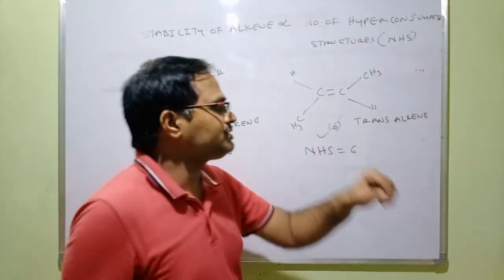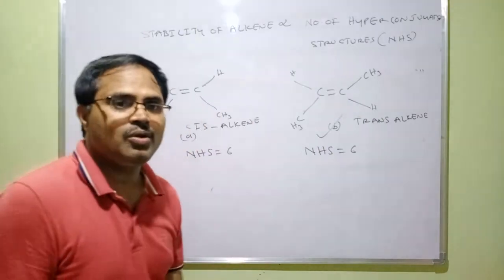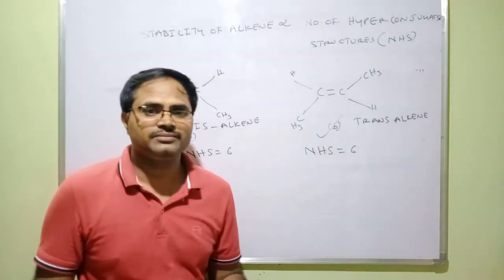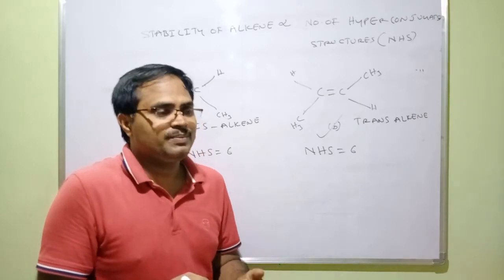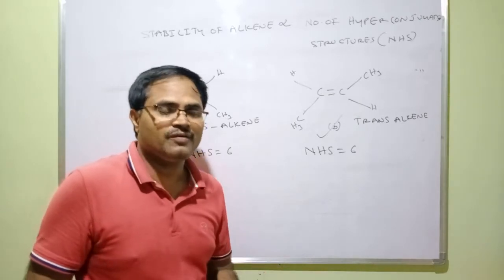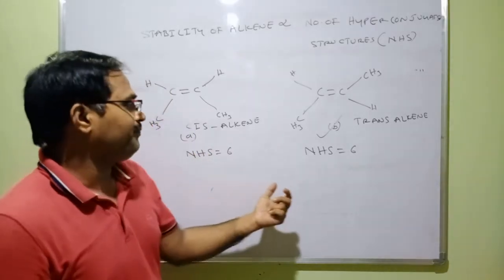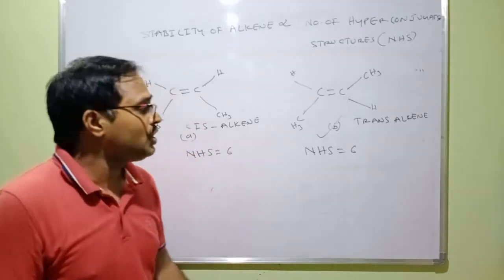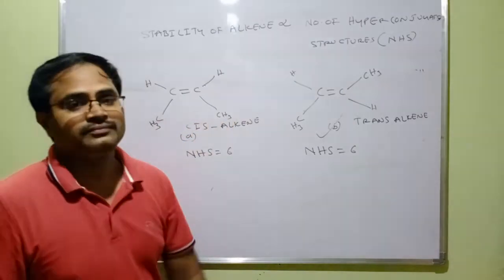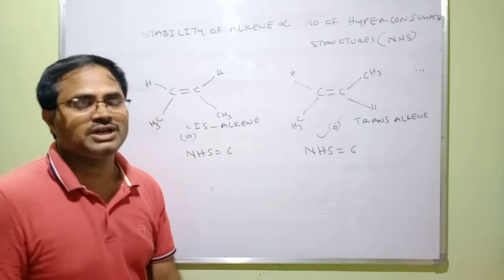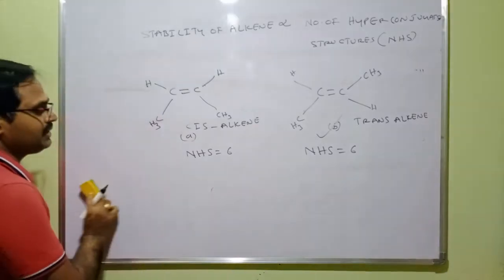So therefore trans alkenes are more stable. Got it? So this is the hyperconjugation concept. Based on hyperconjugation, we explain the stability of alkenes. Sometimes, if you can't explain stability based on the number of hyperconjugated structures, we have to use the cis and trans concept.